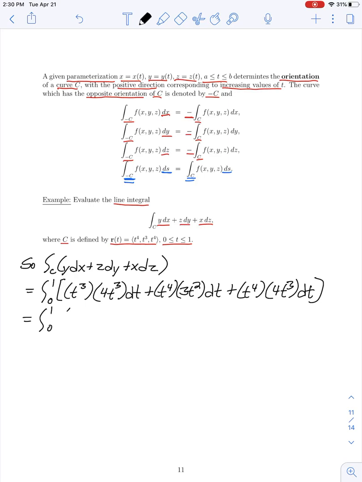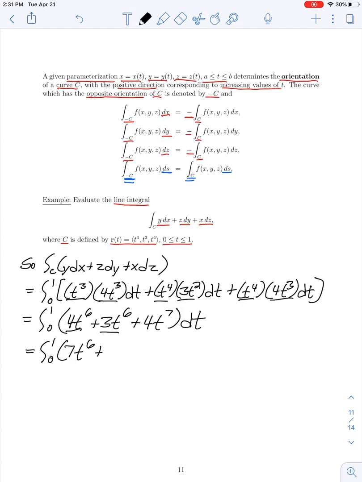We have the integral from 0 to 1 of, for our first two terms, t cubed times 4t cubed gives us 4t to the sixth. We have t to the fourth times 3t squared, so that gives us 3t to the sixth. And for this last term, t to the fourth times 4t cubed gives us 4t to the seventh, all times dt. So combining these first two terms, we have the integral from 0 to 1 of 7t to the sixth plus 4t to the seventh dt.